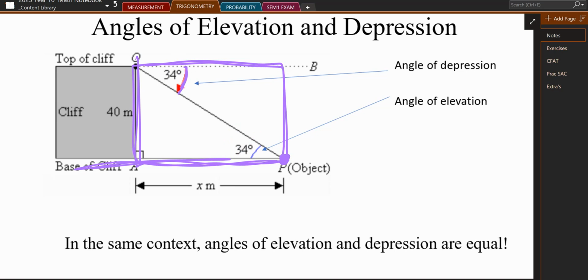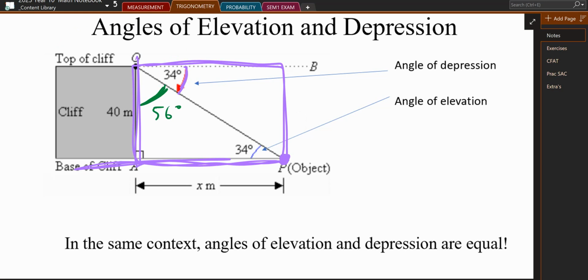What you'll notice is that if you look at the corners, it creates a 90-degree angle. So if the corner at the top creates a 90-degree angle and this angle here is 34, that means that this angle here is 56 degrees.